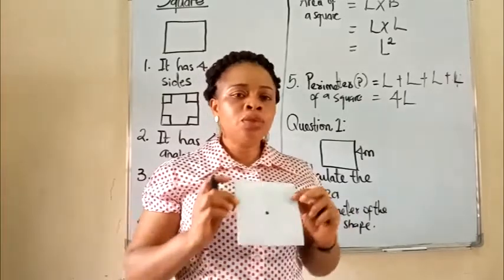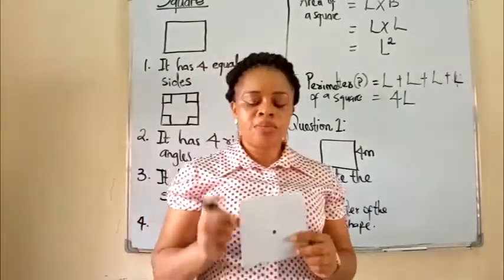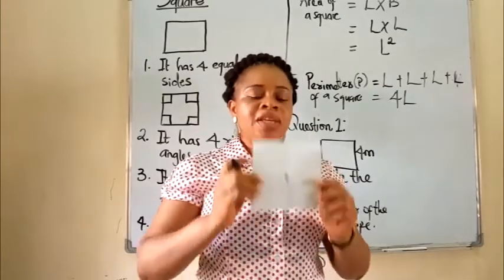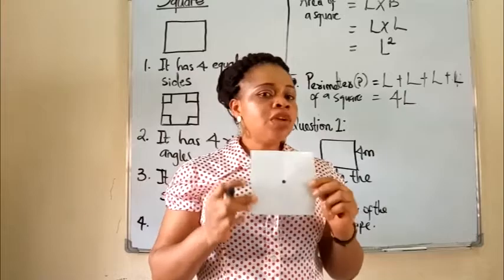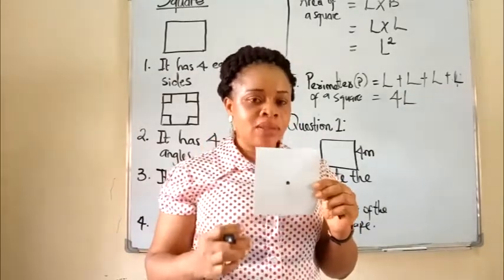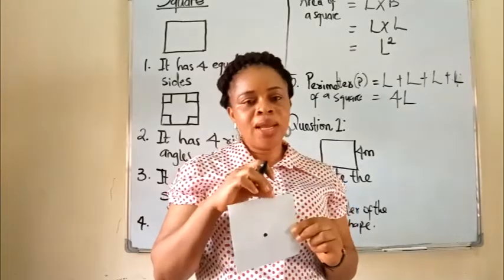It's only a square shape that has the 4 sides to be equal. If it's another shape, they would have given you another length, either for the breadth or for the length.